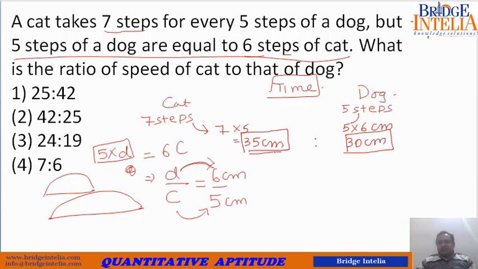What is speed? Speed is distance per unit time. So here the time is same for the cat and the dog. So the distance covered will give you the ratio of their speeds because time is same. So this ratio is 7:6.